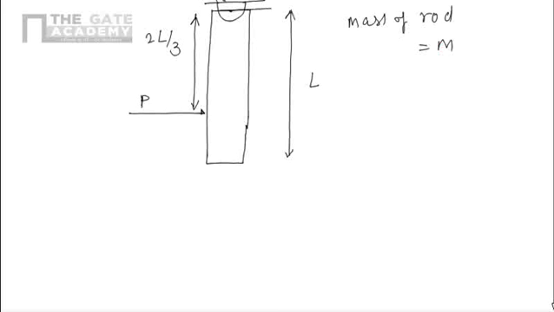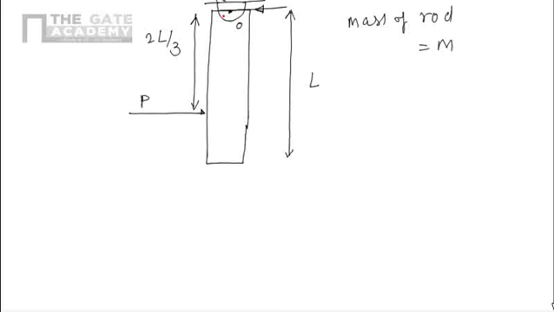Let's assume the reaction at the hinge is R, acting in the negative x direction. If we see the motion of this system, the rod will rotate about this point O.